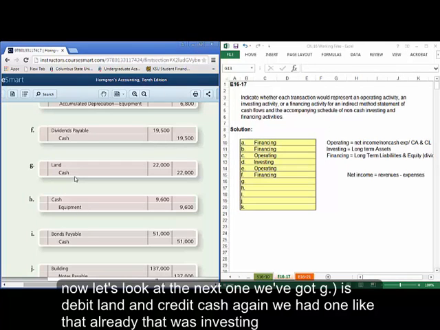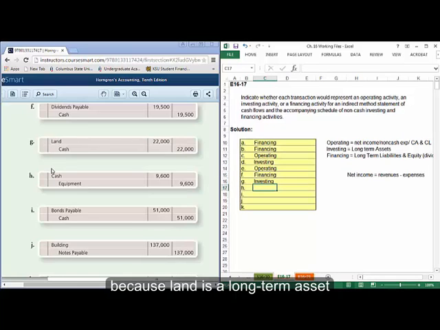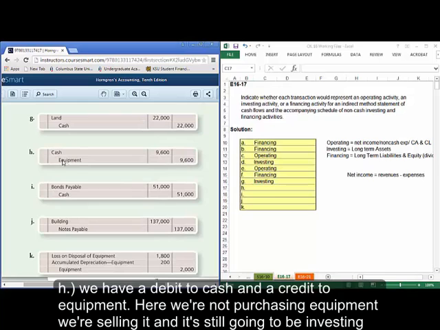Now let's look at the next one. So we've got G is debit land and credit cash. Again, we had one like that already. That was investing because land is a long-term asset. And H, we have a debit to cash and a credit to equipment. So here we're not purchasing equipment, but we're selling it, and it's still going to be investing.